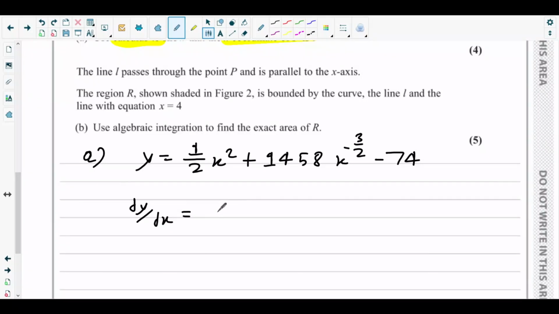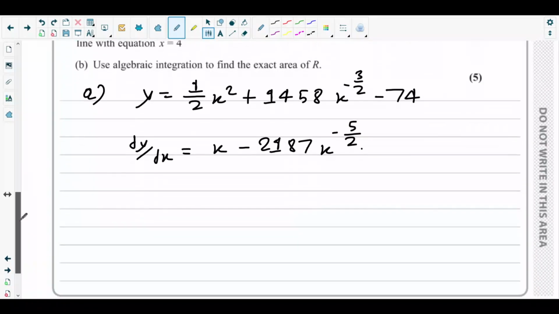Half of x squared is x, because the power gets multiplied with the coefficient, which is half times 2, which is 1, and then we subtract 1 from the power. For the second term, 1458 times negative 3 over 2, you'll get negative 2187 x to the power negative 3 over 2 minus 1, which is negative 5 over 2. So this is dy over dx.